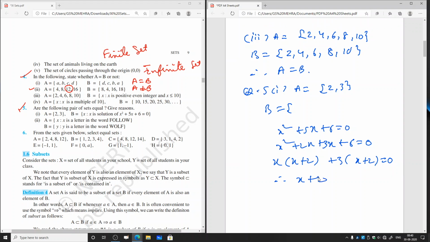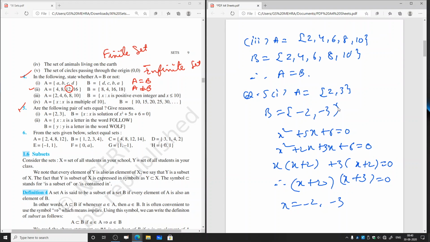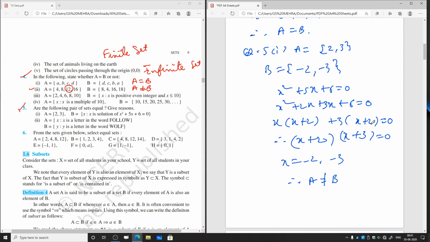Therefore, (x plus 2) into (x plus 3) equal to 0. So, this will give us x equal to minus 2 or minus 3. So, B is {-2, -3}. Therefore, we can say that A is not equal to B. So, the sets are not equal sets.